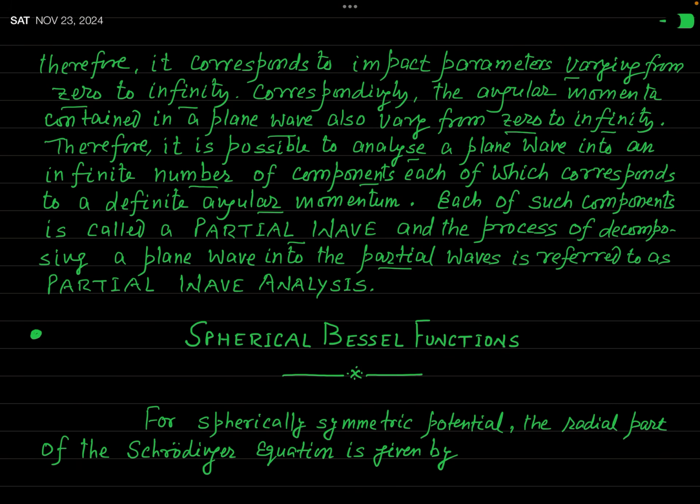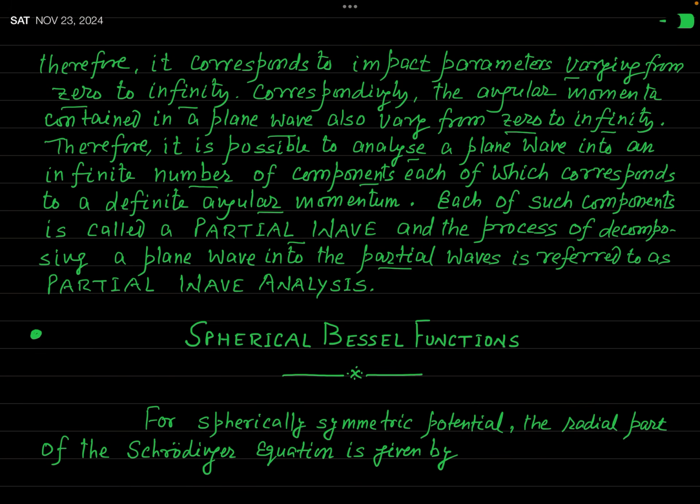First one is called the radial part of the equation, another is called the angular part, and the angular part actually has two parts. First one is called the theta equation, another is called the azimuthal equation or phi equation. The theta equation is also called the polar equation. So the Schrodinger equation has three parts: radial part, the polar part, and the azimuthal part.